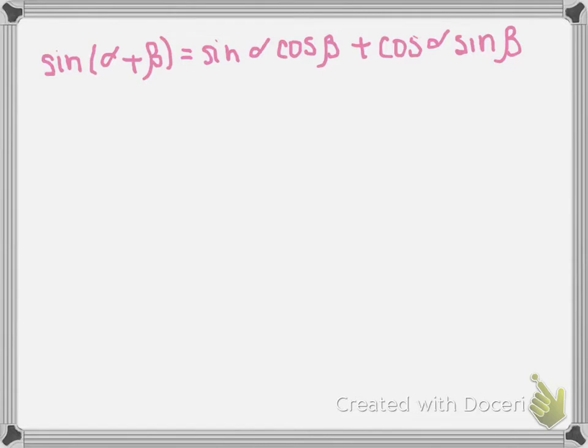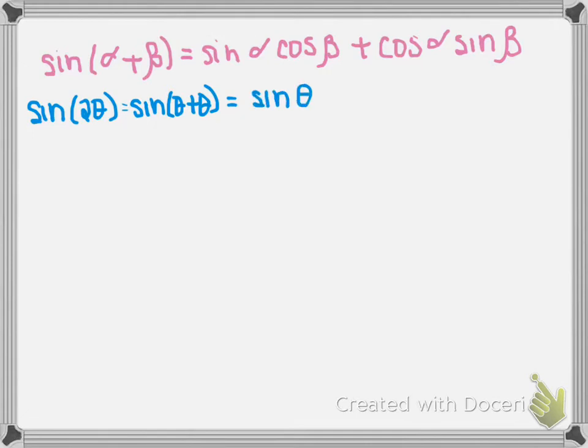Okay, so to get to a double angle formula, suppose we want to know what the sine of 2 theta is. This is one of the ones that they write as a double angle formula. Well, that's the same thing as the sine of theta plus theta, right? So if I start plugging this into my formula, I get the sine of theta cosine theta plus cosine theta sine theta.